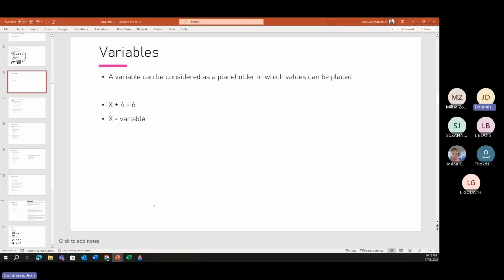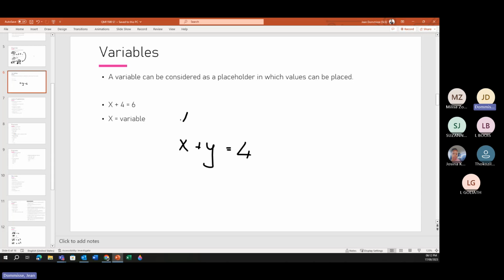Where basically we're going to look at functions, linear functions, quadratic functions, all of that. We are going to look at maybe something where in a linear function we have x plus y equal to 4.